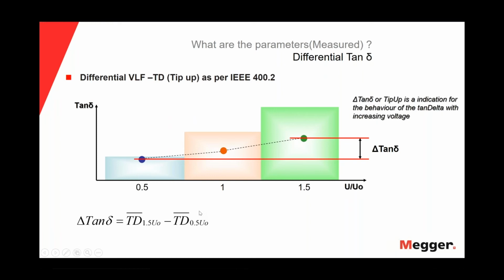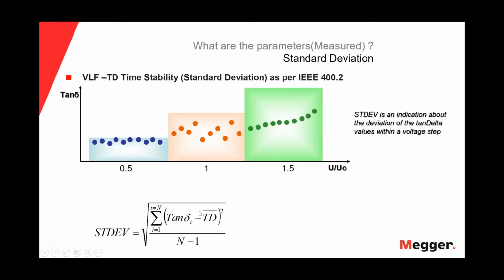The third and last one will be the standard deviation of VLF tan delta, or tan delta stability. What the standard deviation really means is how far or how close to each other the values of the tan delta are for each voltage step. In this case, for 0.5 U0, we can see that the standard deviation is very low because all the values are very close among them.